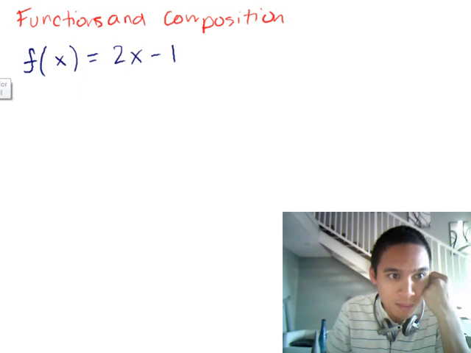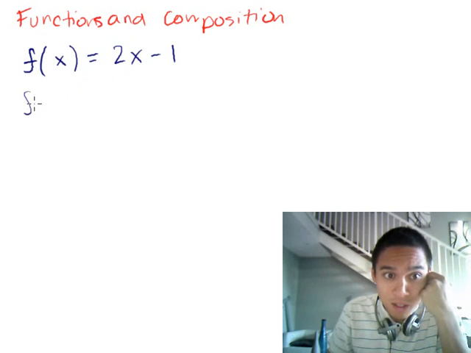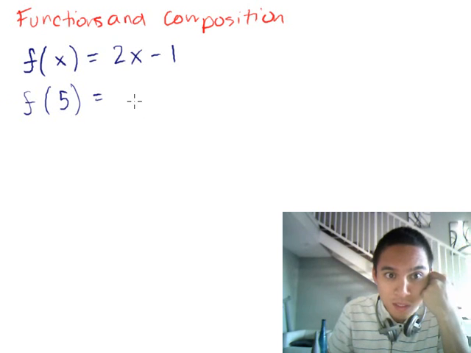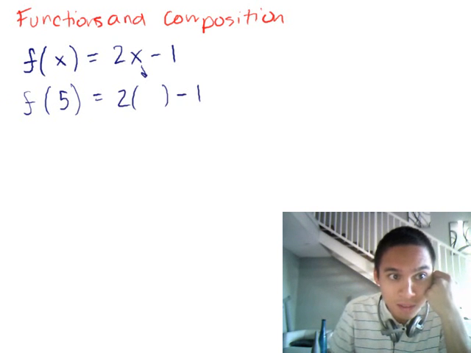So just a quick example, if I were to look at something like f of, let's just say 5. Well, that means that wherever I see my input for x, we're going to put the 5 in its place. So I have 2 times x. I'm going to replace that x, and instead I'm going to put my input of 5.